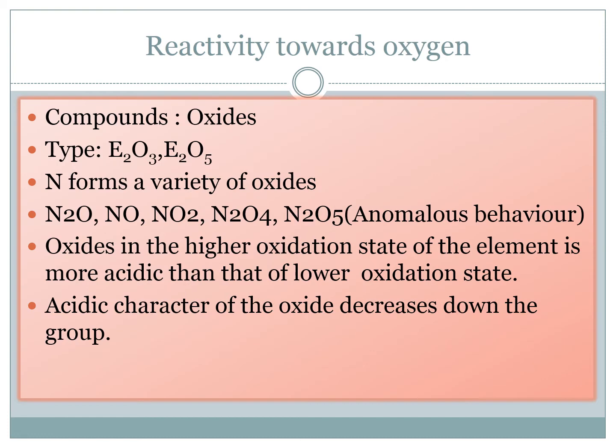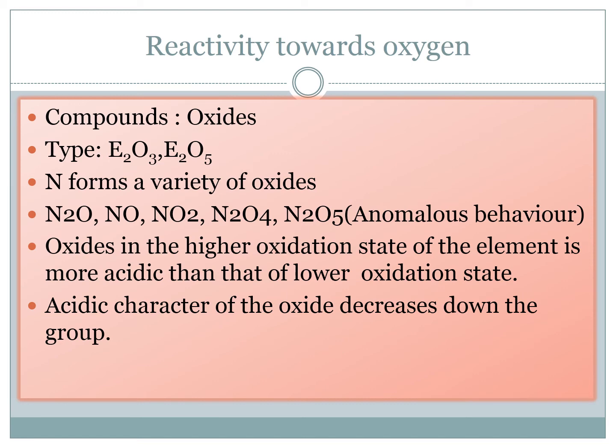Next is reactivity towards oxygen. The compounds are known as oxides, of the type E2O3 and E2O5. However, nitrogen forms a variety of oxides due to anomalous behavior. When we check the different oxides, you find that the oxides in which the element possesses a high oxidation state show more acidic nature than those with a lower oxidation state.